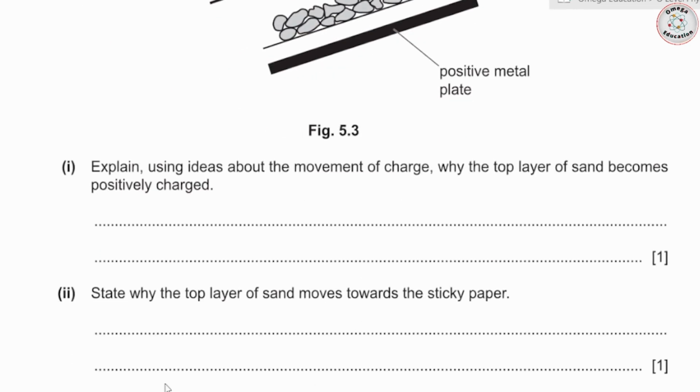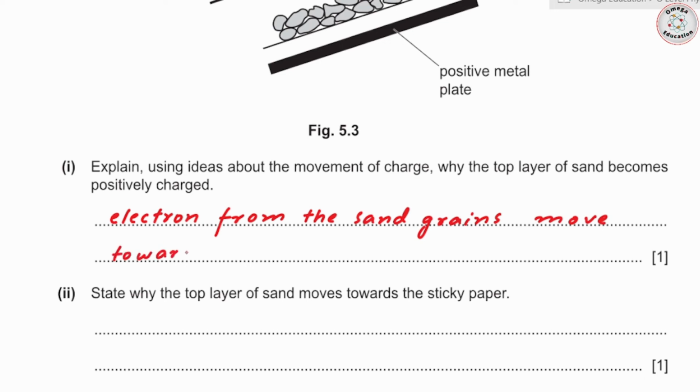So you write down the same thing, that electrons from the sand grains move towards the positive plate.